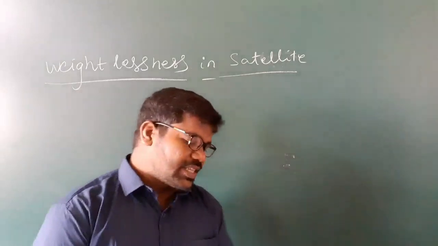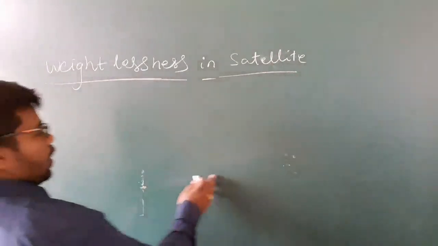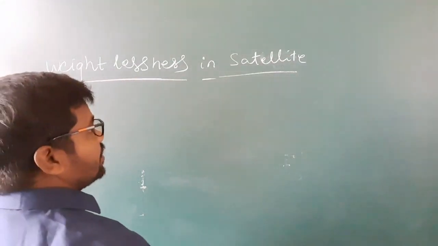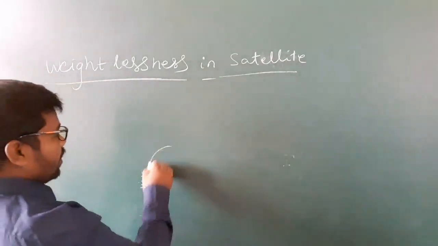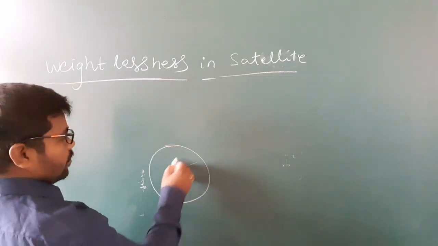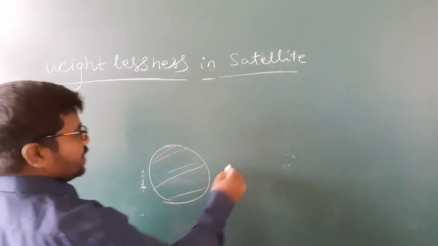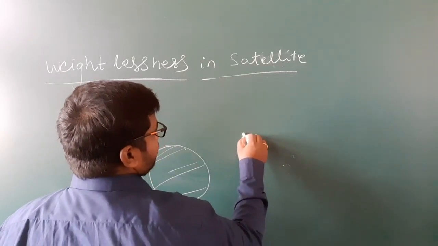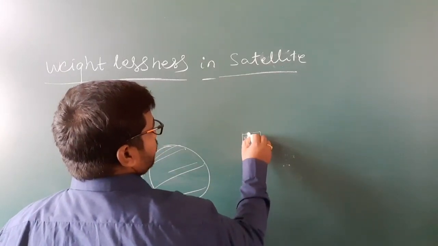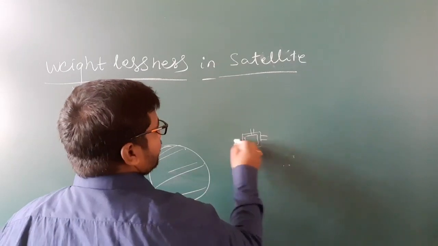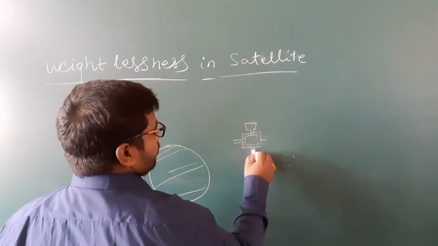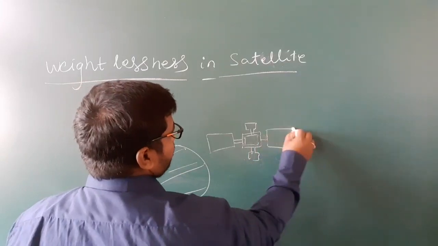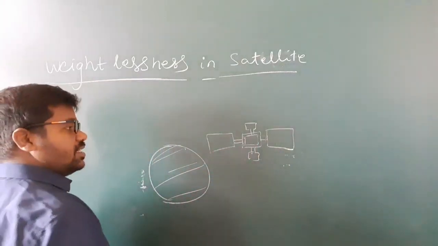So in this case, what happens to the acceleration due to gravity of an orbiting satellite? See here, this is Earth, and here is the satellite.